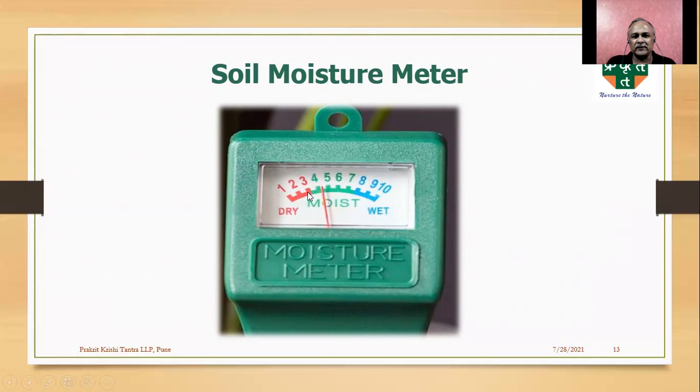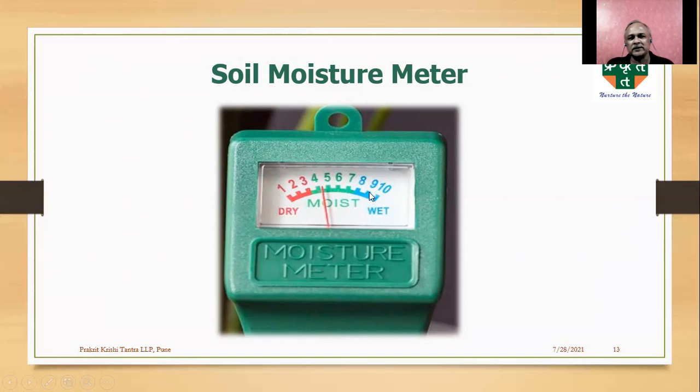But if the needle is somewhere here, you need to water immediately. And if it is below 3, around 2 or 1, then your plant is probably in a wilting condition. And if excess moisture shows at 8 or above, then I would suggest loosening the soil a little bit for the moisture to evaporate.